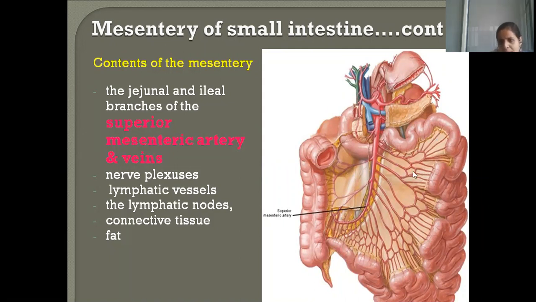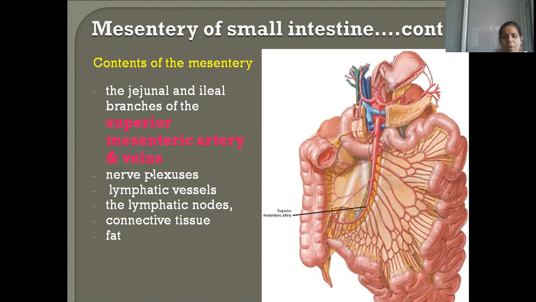It is giving branches to duodenum, jejunum and also ileum. So in the contents of mesentery you will see jejunal branches and ileal branches. Apart from this, we also find nerve plexuses, lymphatic vessels, lymph nodes, connective tissue and fat. All these are contents of mesentery.